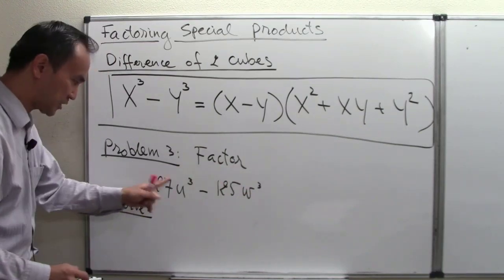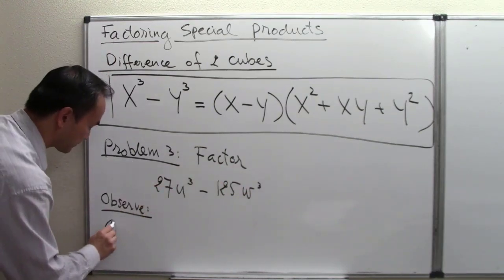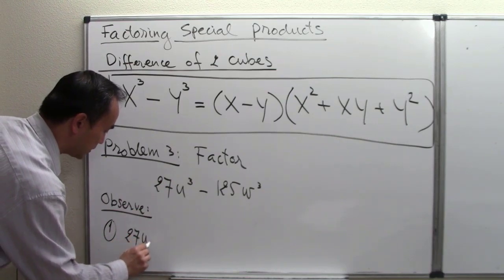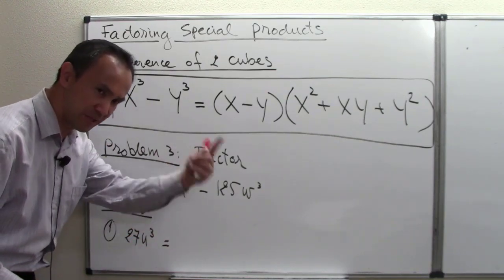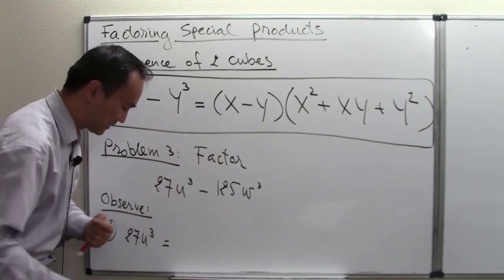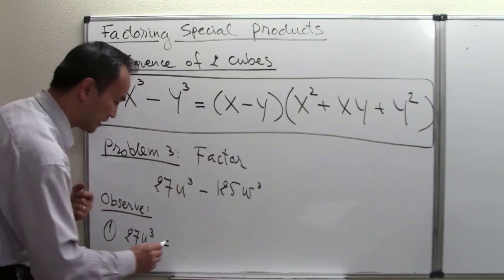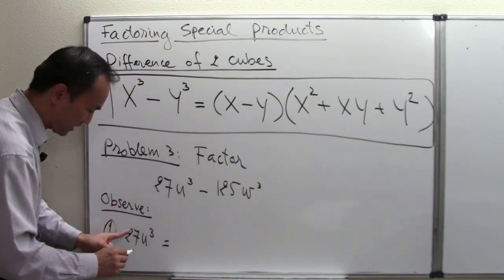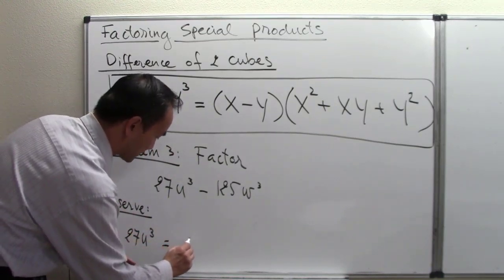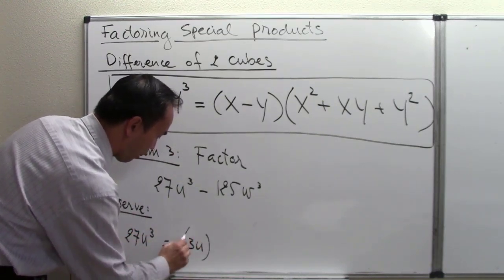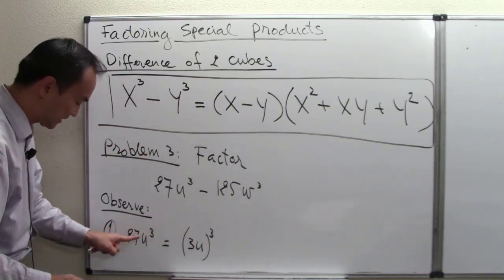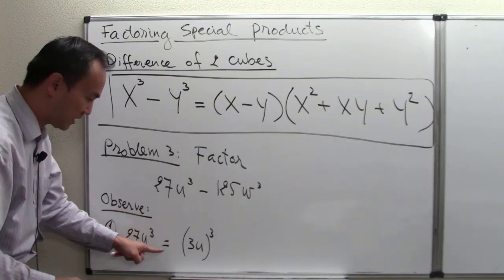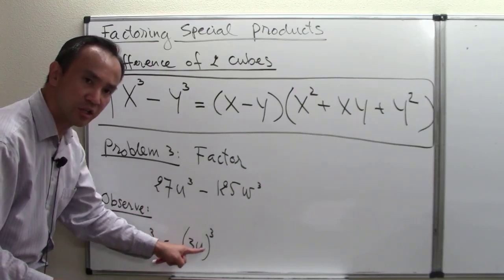So the first term of the polynomial, the 27u cubed, at least what's easy for me, and I hope as you have seen me doing this often enough, you will also recognize it easily on your end as well. 27u cubed is the same as 3u all cubed.